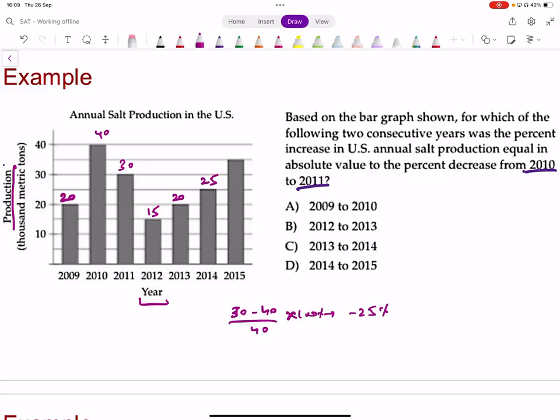What's that? 5 over 20, that's a 25% increase, and that's what we wanted, 2013 to 2014. We can check 14 to 15 as well. That is 25 to 35, 10 over 25, that will be greater than 25%. So 25% is only C, 2013 to 14. Make sense?